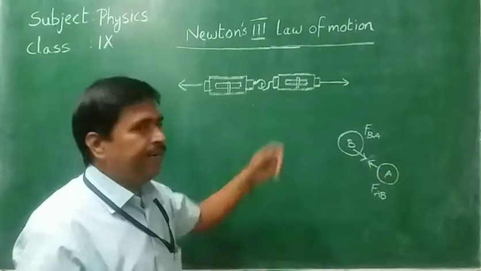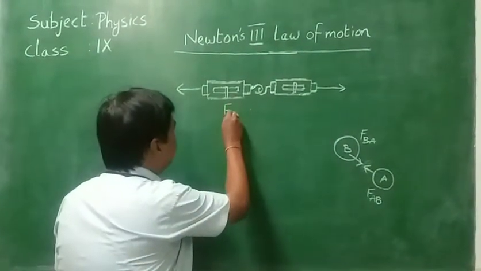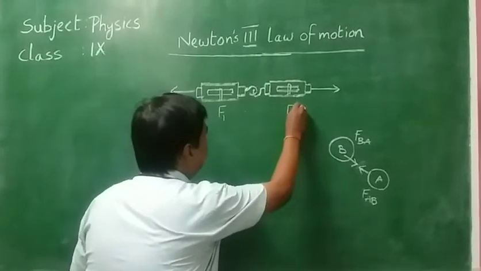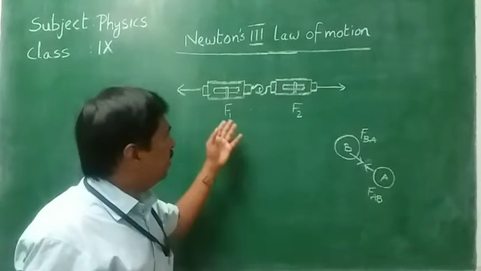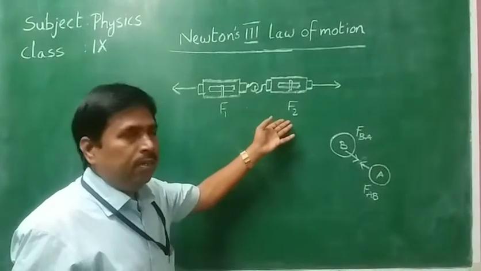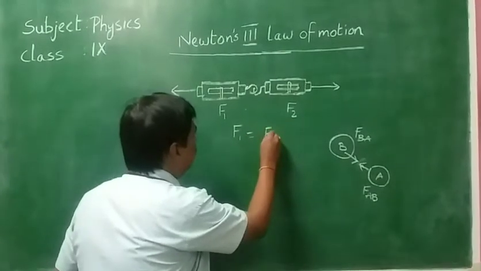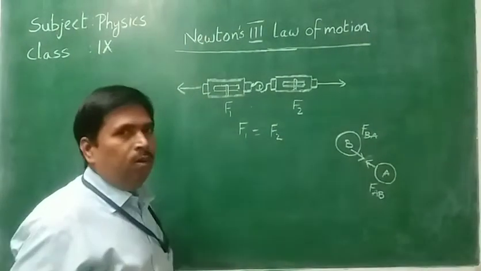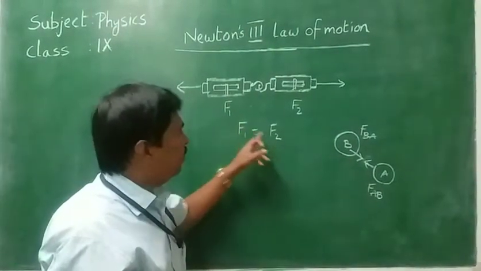Then, if you observe the readings, the reading in the first balance is F1, and the reading in the second is F2. If you observe, the values are equal. So the force F1 is equal to force F2. That means whenever you apply force on objects, they get equal forces.